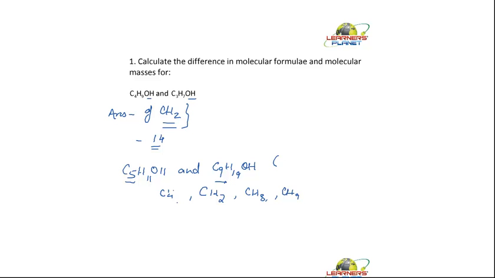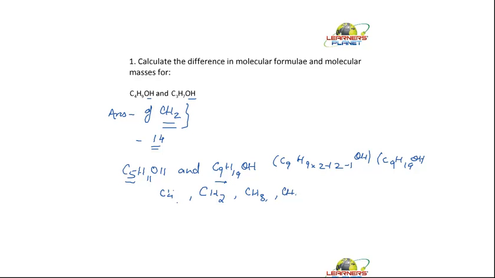How? That is C9, H 9 multiplied by 2 plus 2 minus 1, and OH. 9 multiplied by 2 is 18, plus 2 is 20, minus 1 is 19. So the formula should be C9H19OH. My mistake.